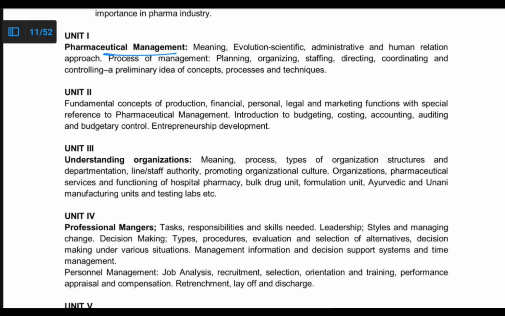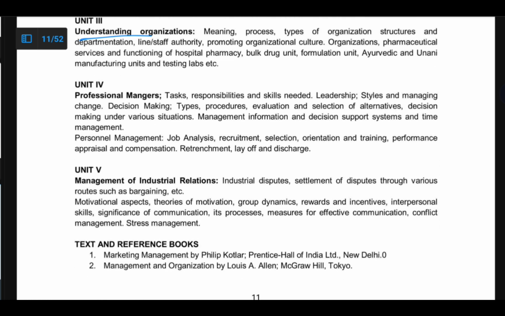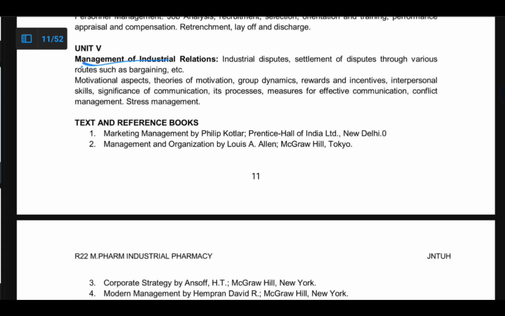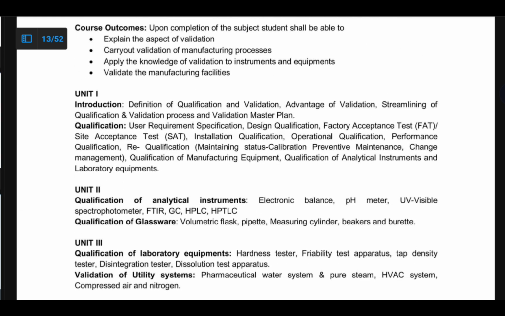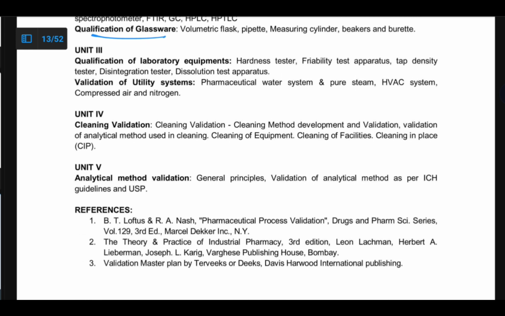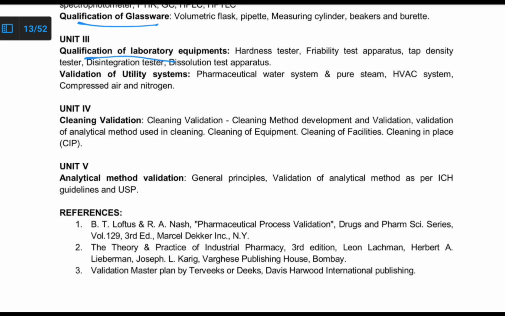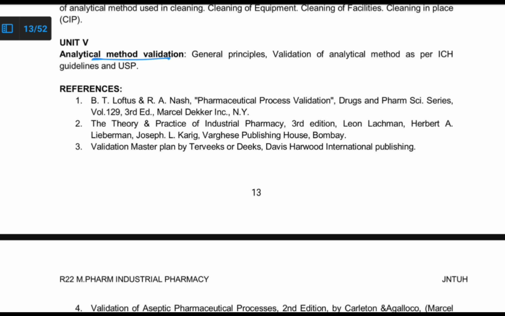Pharmaceutical management: fundamental concepts of production, financial and personnel, legal, marketing functions, understanding the organization, professional managers, management of industrial relations. Pharmaceutical validation: definition of qualification and validation, qualification of analytical instruments, qualification of glassware, qualification of laboratory equipment, validation of utility systems, cleaning validation, analytical methods validation.